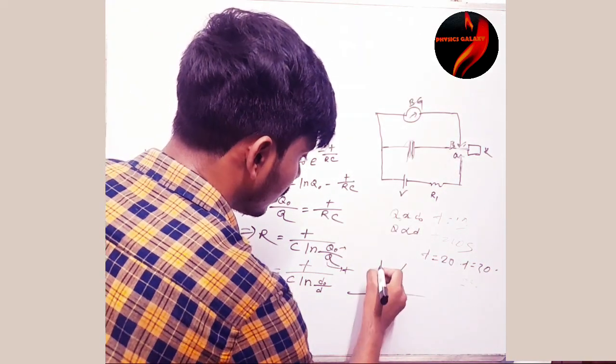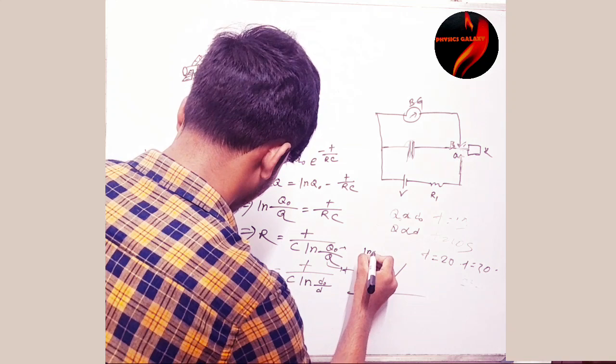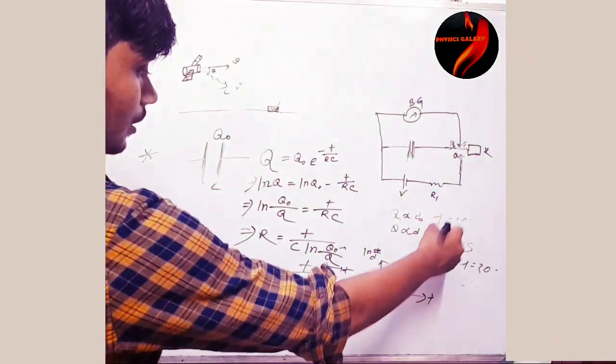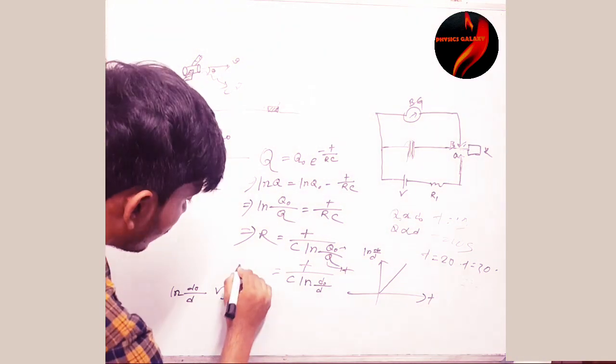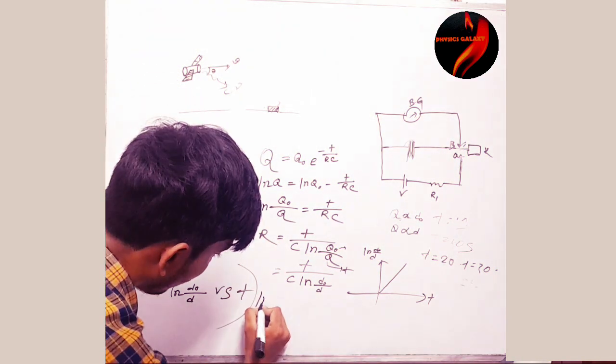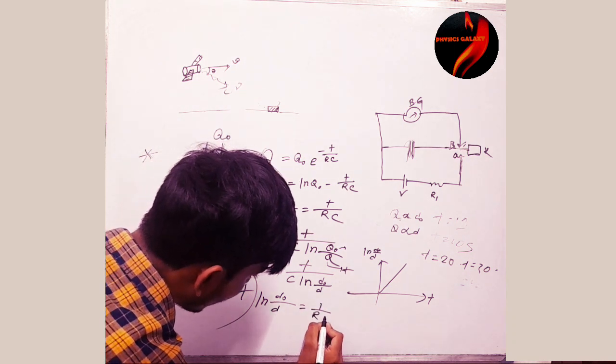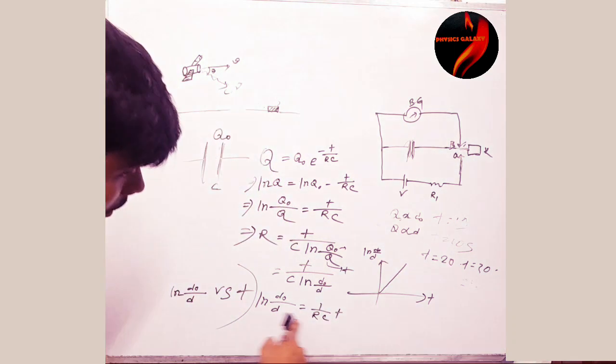If we draw ln of D naught by D versus t, then we get a straight line, because if we take ln of D naught by D, we get 1 by RC into t, which is the expression of a straight line.